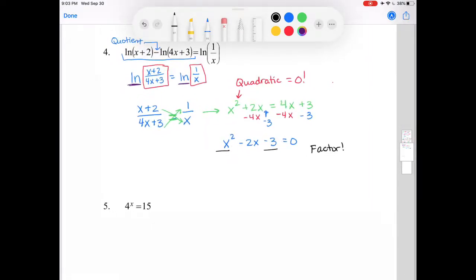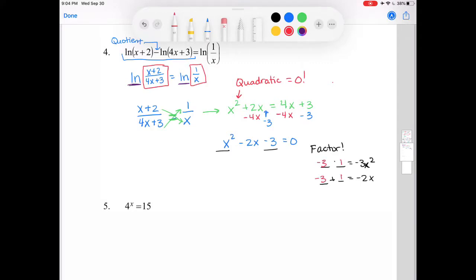Moving on, I can factor. Asking myself what multiplies to give me negative 3x squared. Oh my goodness, x squared. And what adds to give me that middle term of negative 2x.